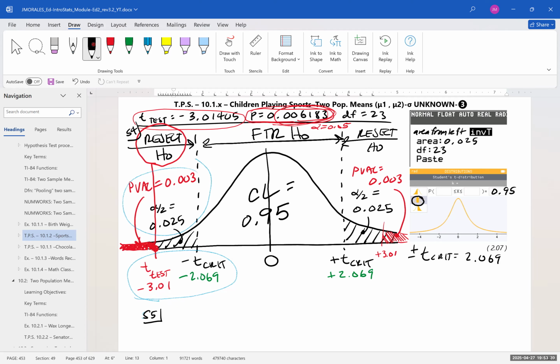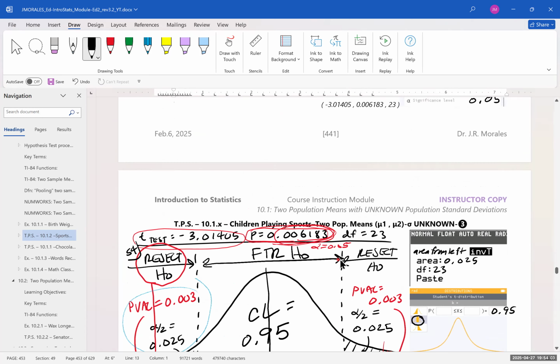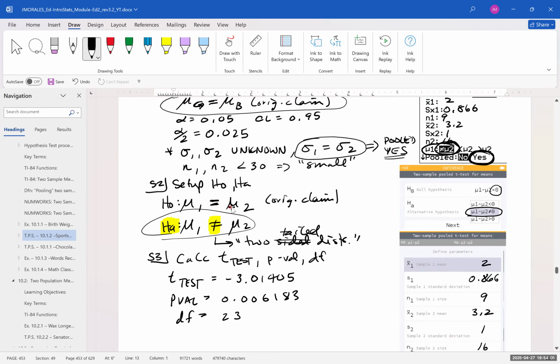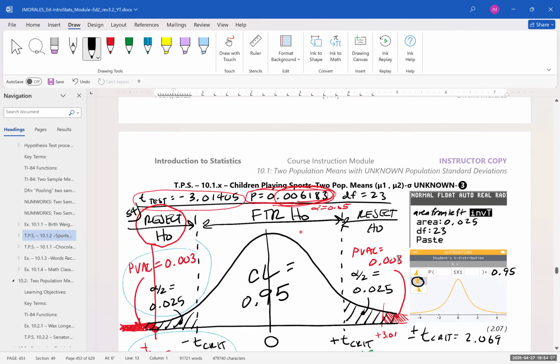Sorry, I should have put that this was step 4. Okay, so step 5 is going to be to give your results and write your conclusion. So here we're going to be rejecting the null. And what was our original claim? The null was the original claim.